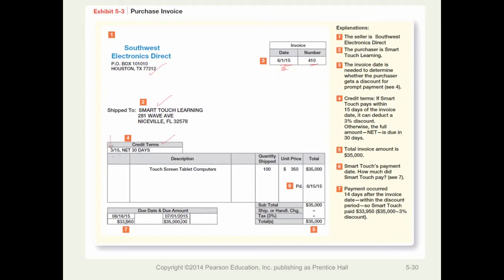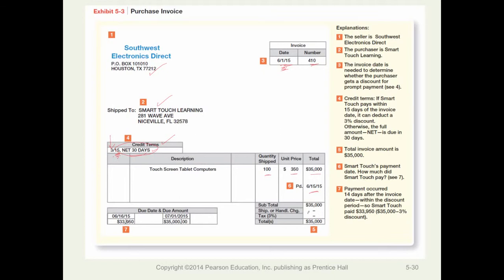So again, this means that there's a 3% discount if paid within 15 days, and if paid within 30 days, when it's due and payable, there is no discount taken. You also notice that there's the quantity that was shipped, the unit price and the total, and of course, if it is paid in the time period that you should, it would trigger a discount because it's paid within the 15-day period. We'll get to that.